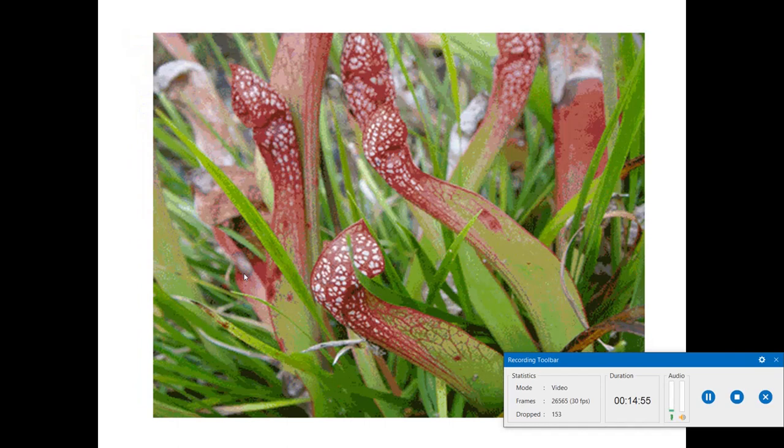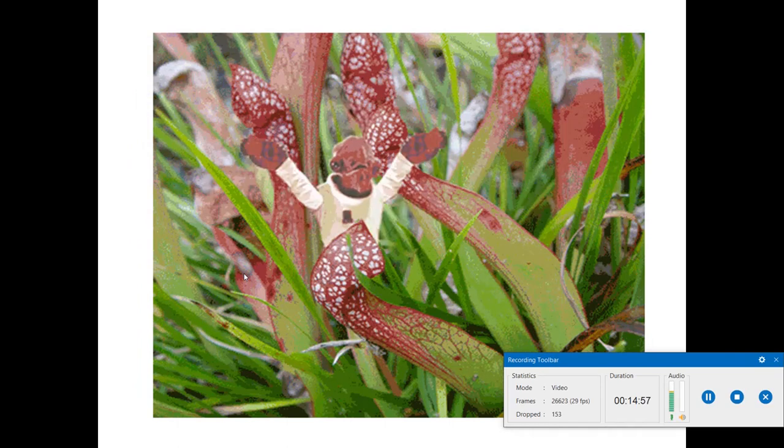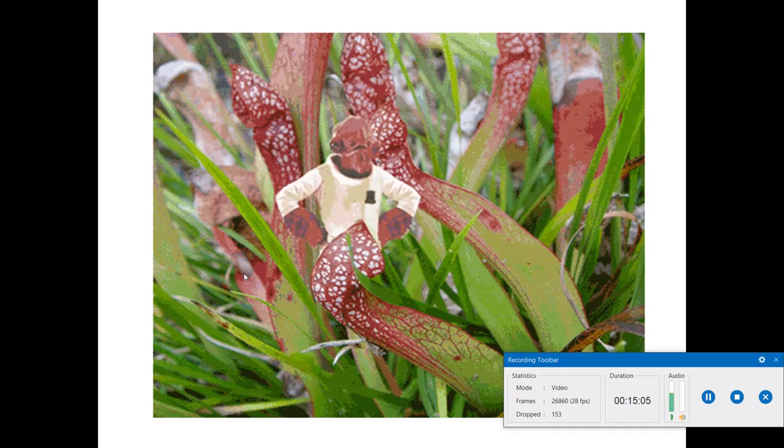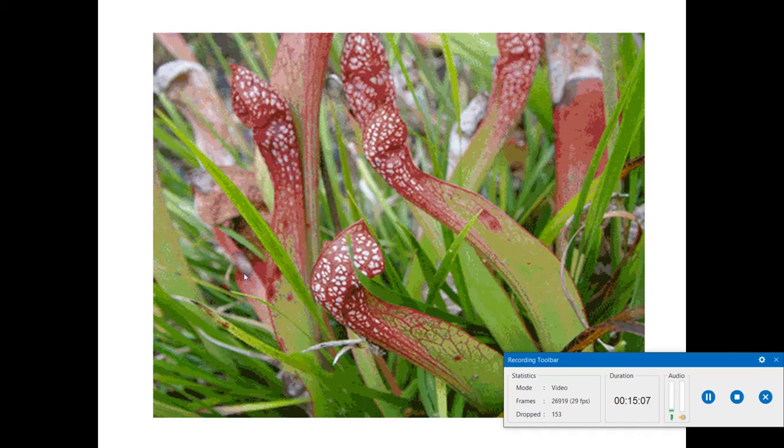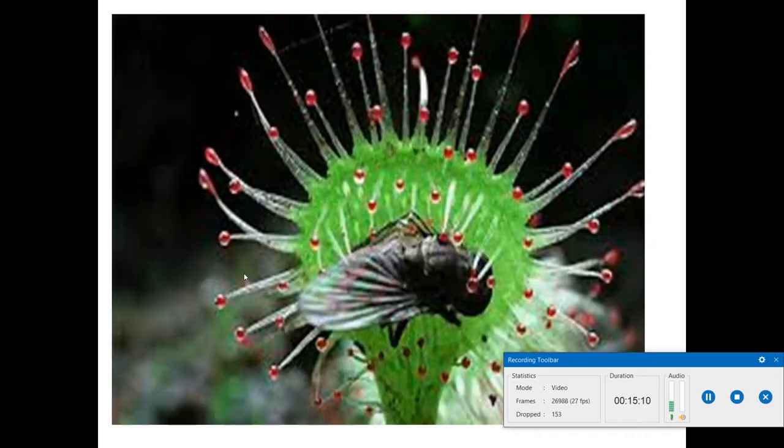Now observe this image. What do you see here? One insect is trapped. Again, what is happening here? Again the insect is trapped by the plant.